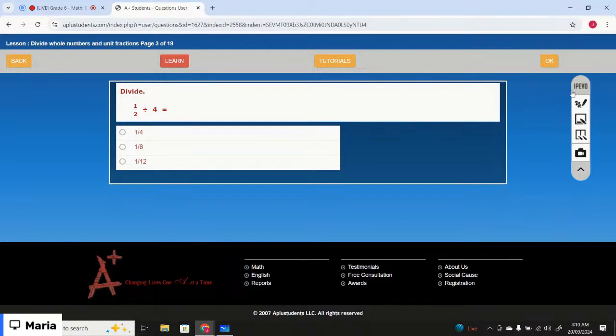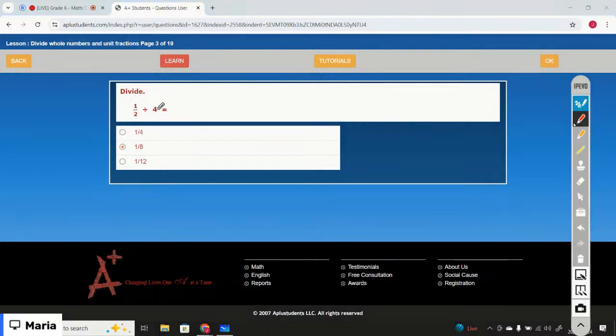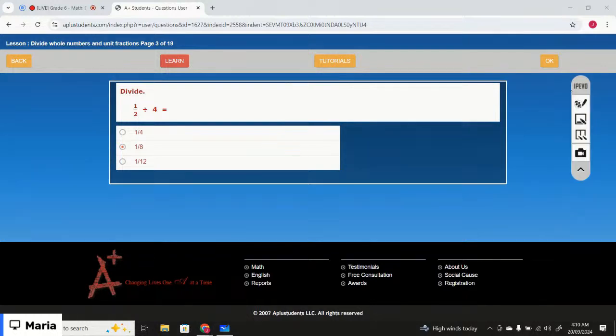Option number 2 is the correct option. What you have to do is 4 doesn't have any denominator, right? So the denominator is 1. Convert this division sign to multiplication and reciprocal this term. Reciprocal means if that is 4 by 1, you can write it as 1 over 4. Just interchange numerator and denominator. Then simply multiply. 1 times 1 is 1, 4 times 2 is 8. So that is 1 over 8. Option number 2 is the correct option.